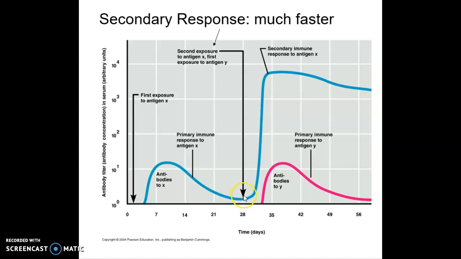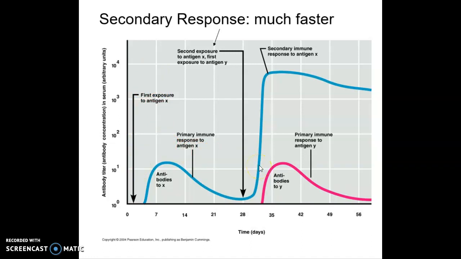So if you get exposed to that same disease, the same one you got exposed to before, look how many antibodies can be produced. This is a logarithmic scale. So this is 10,000 times more. Actually, from here it's 10,000 times more antibodies.